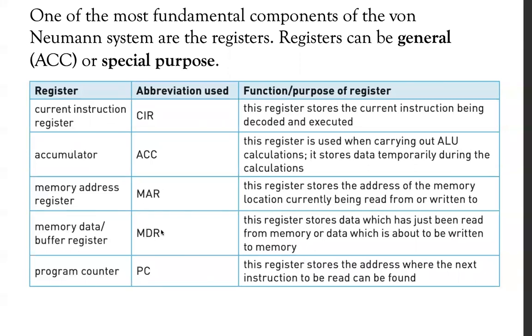Same thing goes with the MDR. MDR is the memory data register, also known as the memory buffer register. The purpose of this register is that it holds the data that has just been read or the data that is about to be written to the memory. So it has a very specified purpose. Secondly, the contents of the MDR are also very specified.